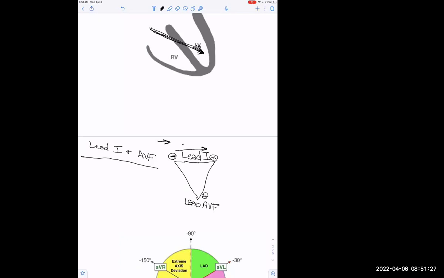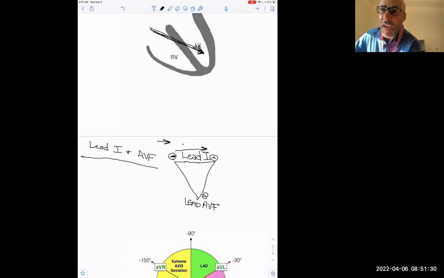I know we've covered this time and time again, and we're intentionally doing this because the more times you hear it, the greater the chances that you're actually going to absorb it and retain it, and then hopefully be able to apply it to your patient care situation. So we know that when an impulse is moving away from a negative pole towards a positive pole, we are going to get a positively deflected impulse or vector on the EKG.